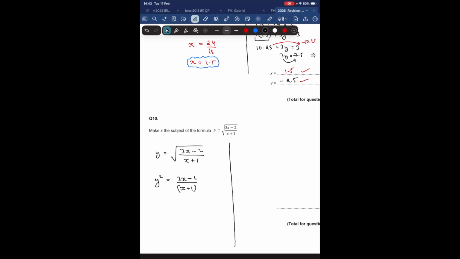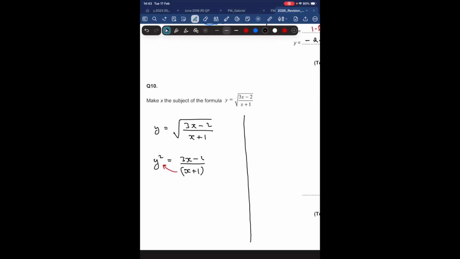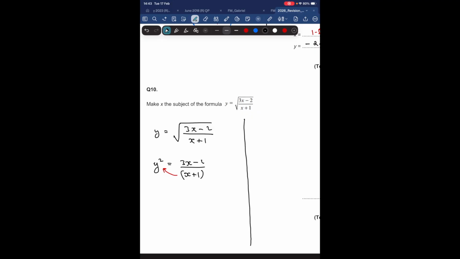I'm going to put the x plus 1 in the bracket because what I'm then going to do is get rid of the algebraic fraction by moving this whole bracket, the whole denominator, over to the left-hand side. And when I do, that division is going to become a multiply. So on the left, I'm now going to have y squared bracket x plus 1 equals 3x minus 2.